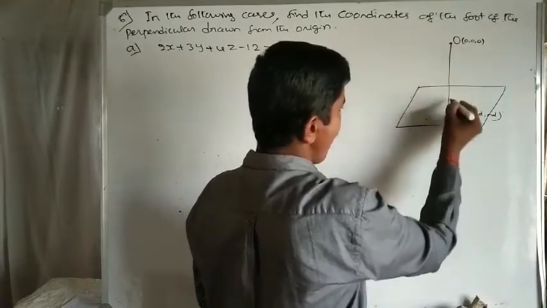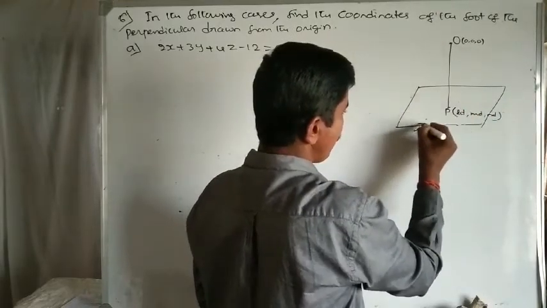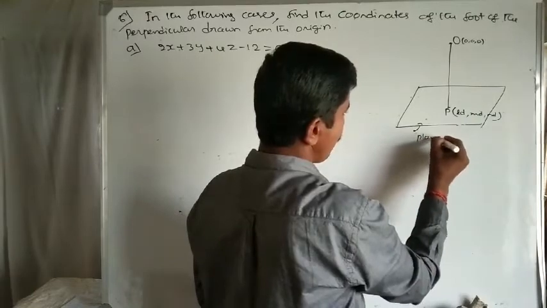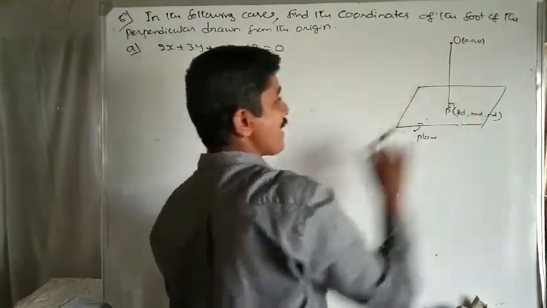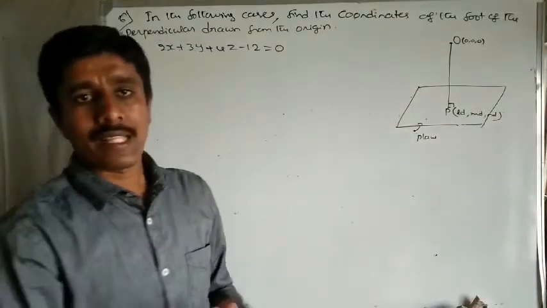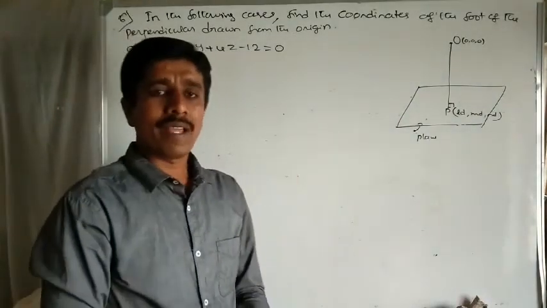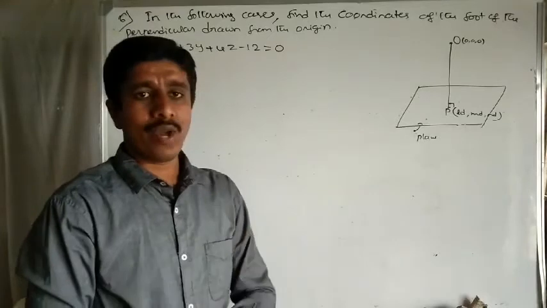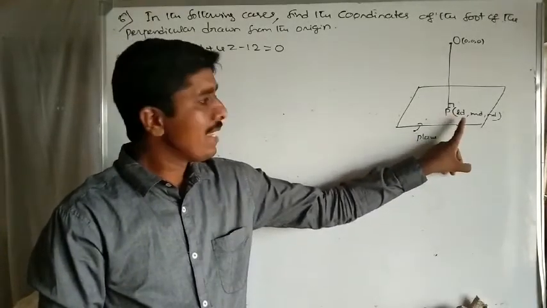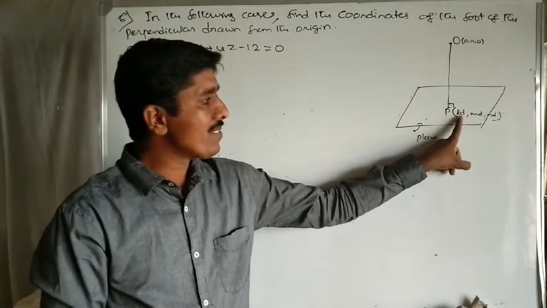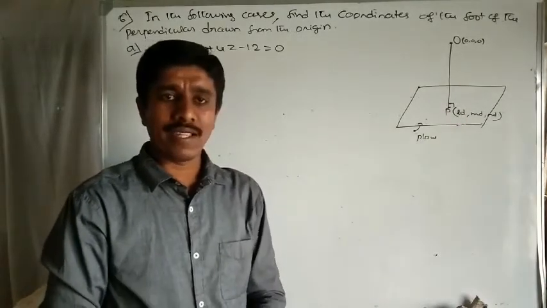Clearly, this line is perpendicular to this plane. This OP line is perpendicular to the plane. Perpendicular means normal to the plane. Got it. Rough figure just drawn. We are going to find the coordinates of the point P here. What are the coordinates? lD, mD, nD.